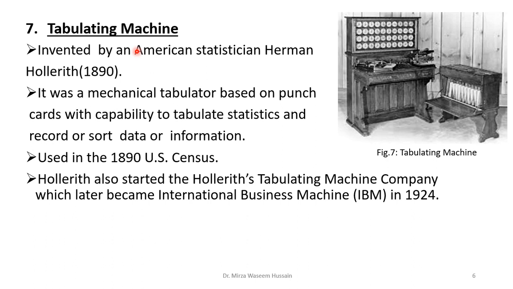It could record or sort information, and this machine was first used for the census by the US in 1890. Hollerith started a company named the Tabulating Machine Company, which was later renamed IBM, International Business Machines, the famous company nowadays.